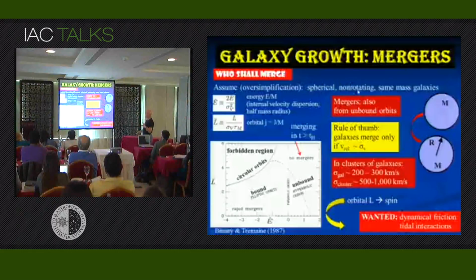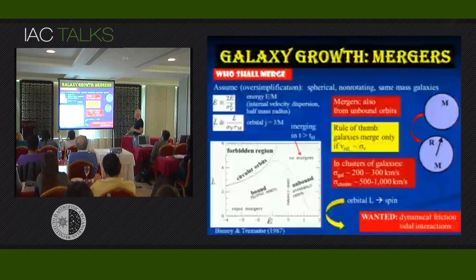Who should merge? That's a very important question. We do an oversimplification. We define a galaxy as being spherical, non-rotating, and all the galaxies are identical, with the same mass. Now I want to define the energy per unit mass and the specific angular momentum.